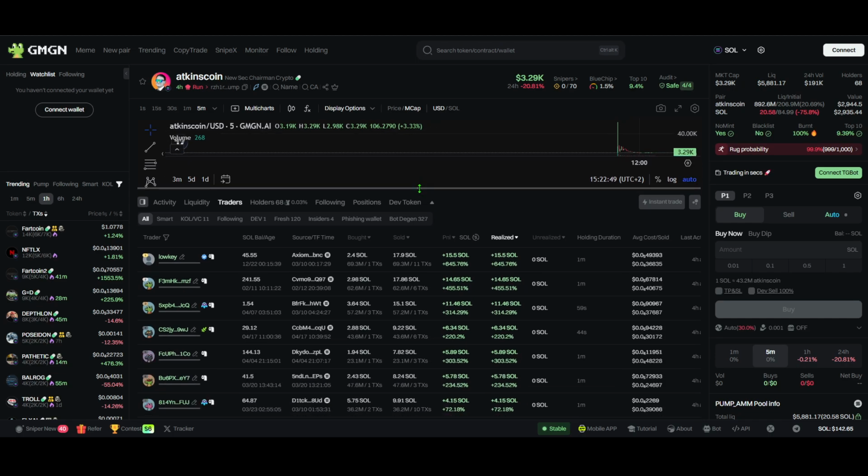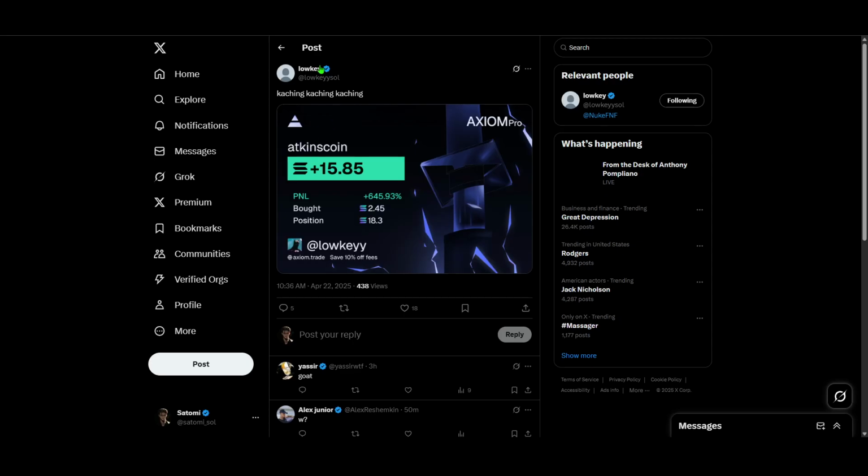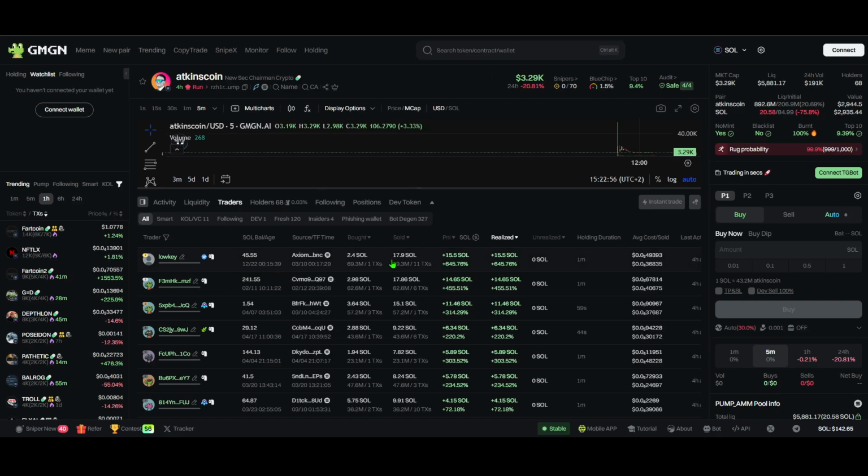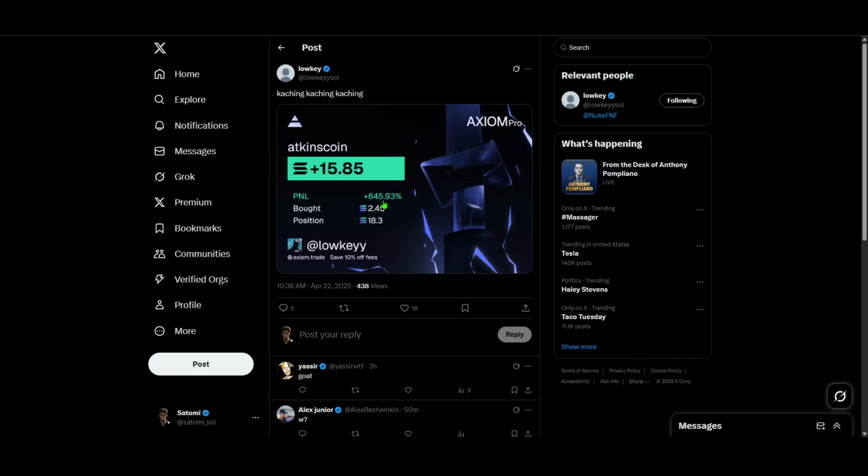Again, we go to the top traders, and you can already see his name, Loki. But yeah, you can validate it. Bought 2.4 Sol, sold for around 18 Sol. As you can see, that's the exact same amount.